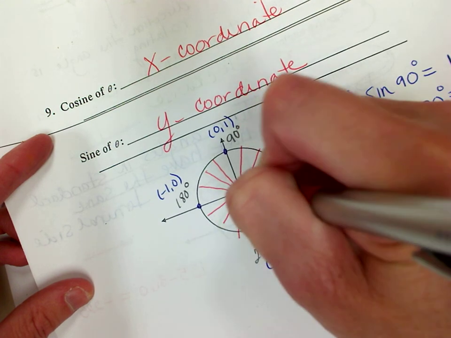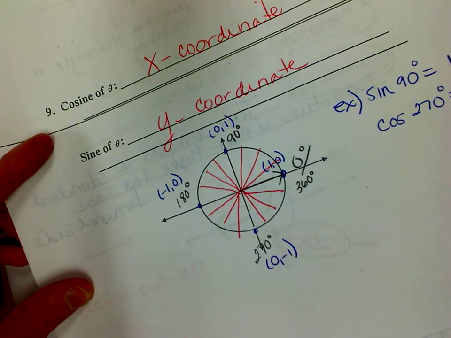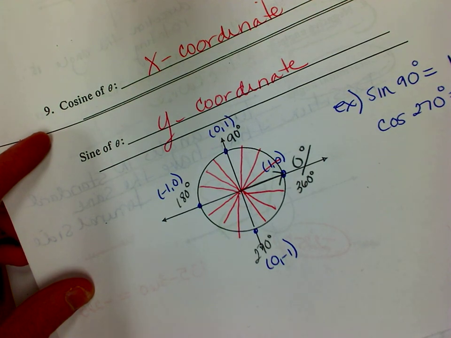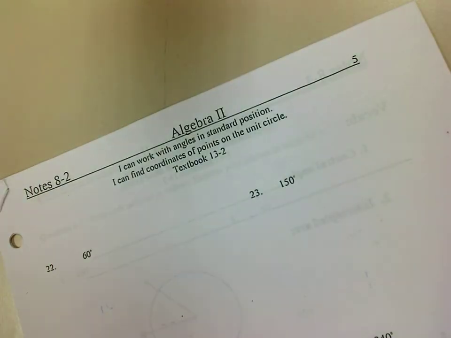I'm going to have 3 more in each quadrant. So to get those, I have to consider the special right triangles that we talked about in 8.1.